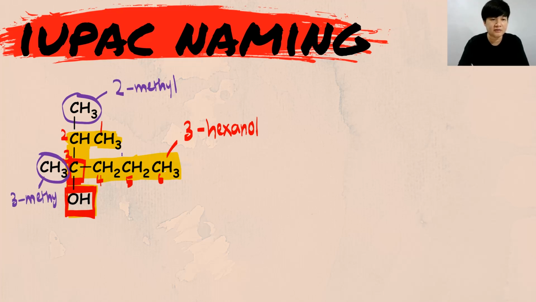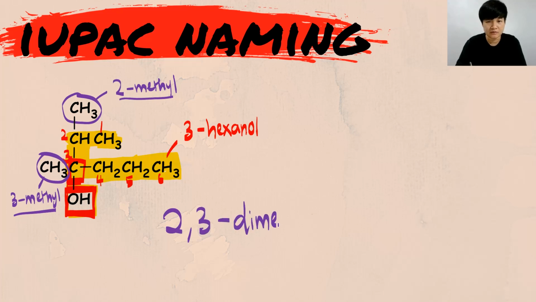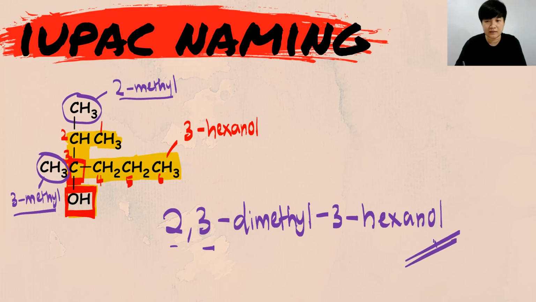So the same thing as you learned previously. When you have the same substituent, what do we do? We combine them with the prefix di. So the complete name of this organic compound, alcohol, will be 2,3-dimethyl. Because you have 2 methyl groups, so you need a 2 position. And then your parent will be 3-hexanol. And that is how we get the name of your alcohol over here.